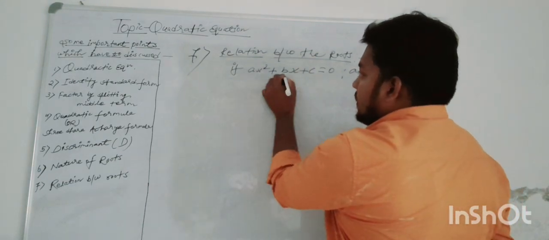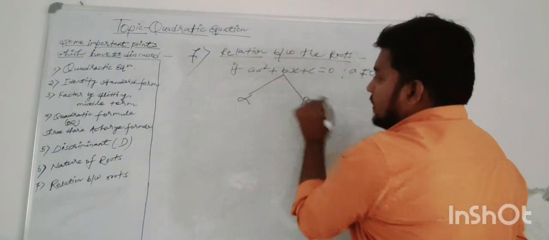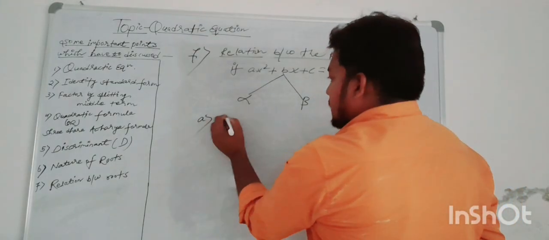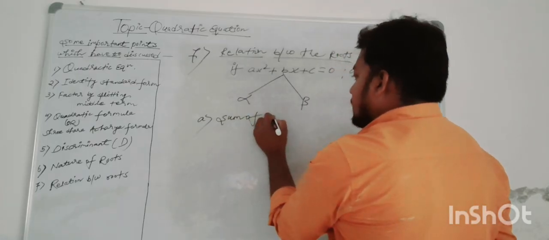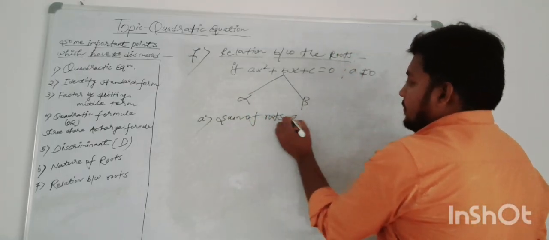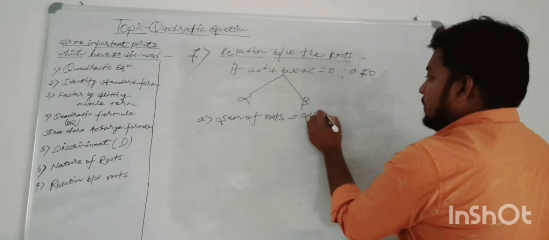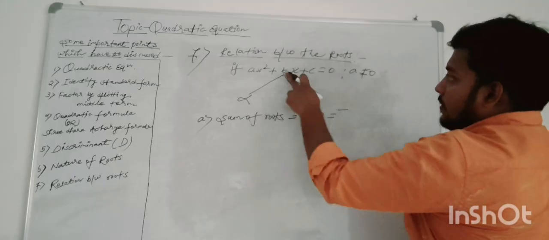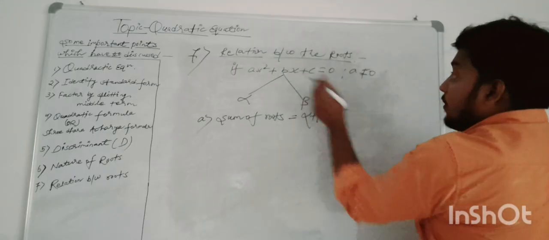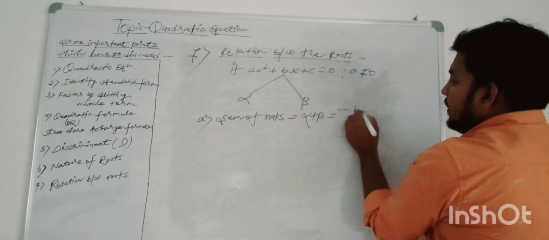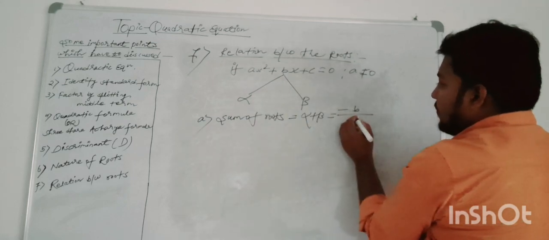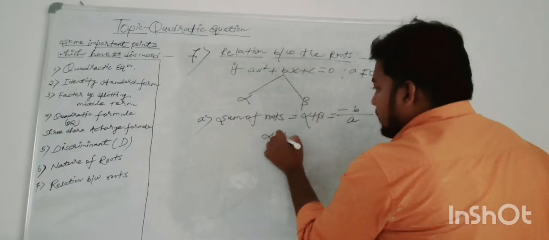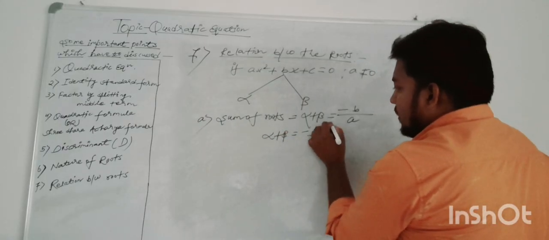First is alpha and second is beta. Then the relation between the roots is the sum of roots, that is alpha + beta, which is equal to minus the coefficient of x, which is b, upon the coefficient of x², which is a, meaning alpha + beta = -b/a.